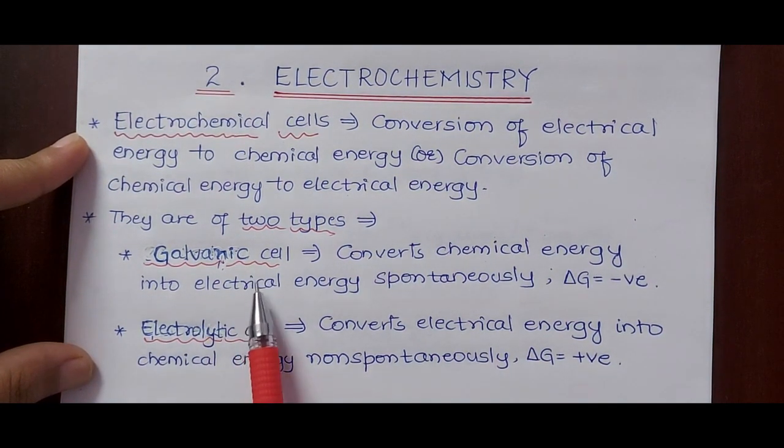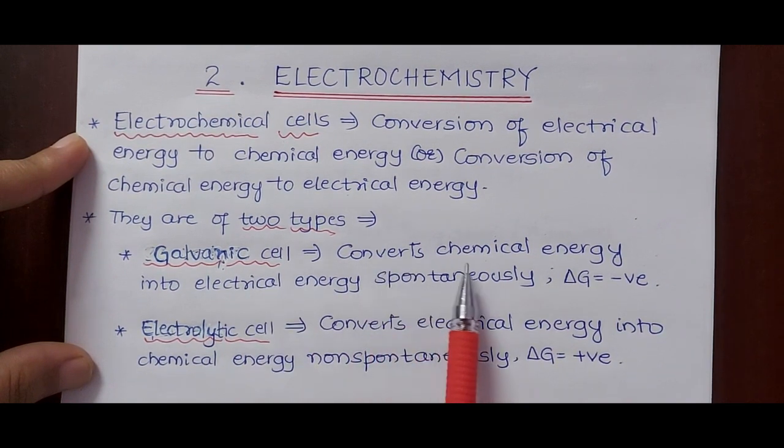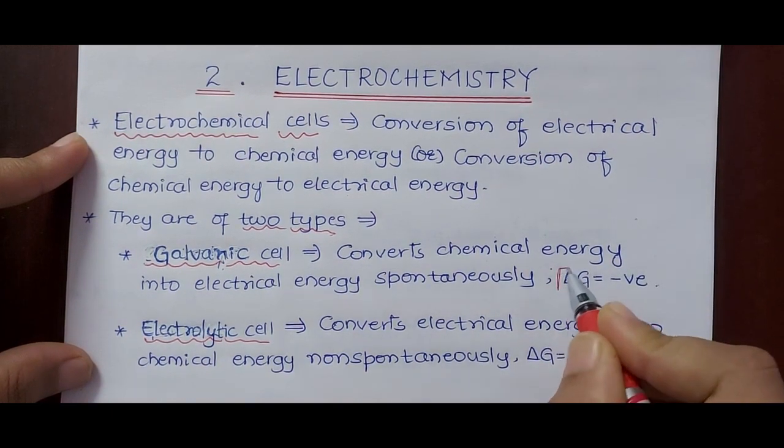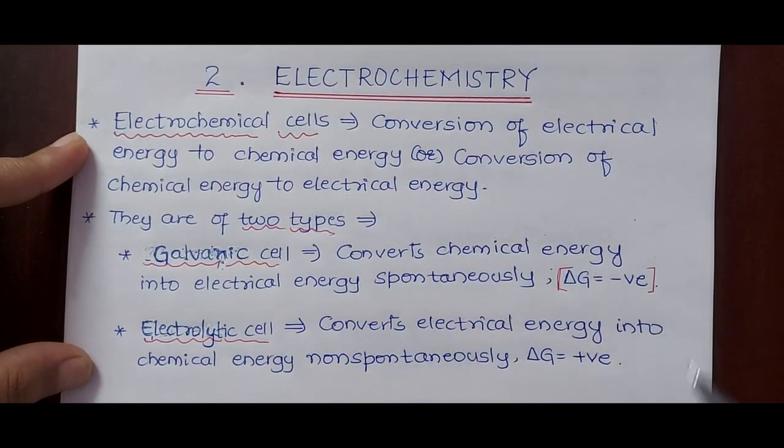In a galvanic cell, we see that it converts chemical energy into electrical energy spontaneously. Spontaneously means, as you have studied in first PU, the reaction takes place on its own. And for such a reaction, we represent the Gibbs free energy change delta G as a negative value, which indicates that the reaction is occurring on its own.